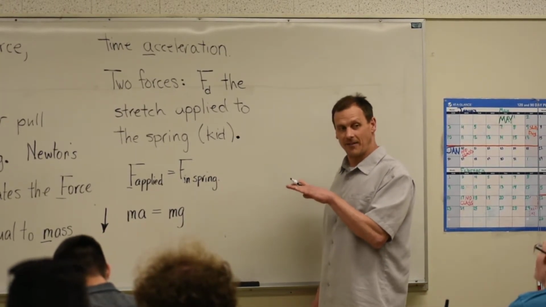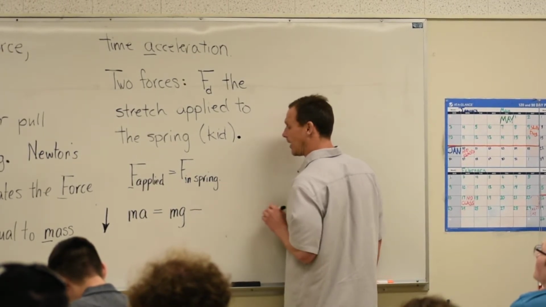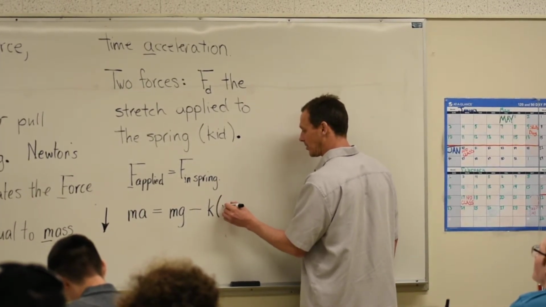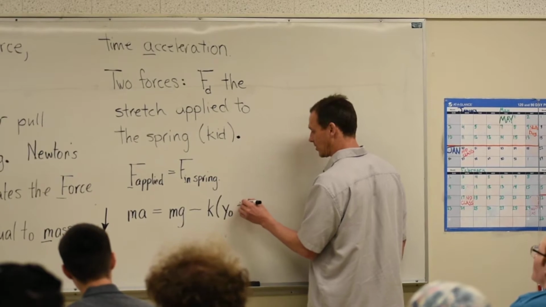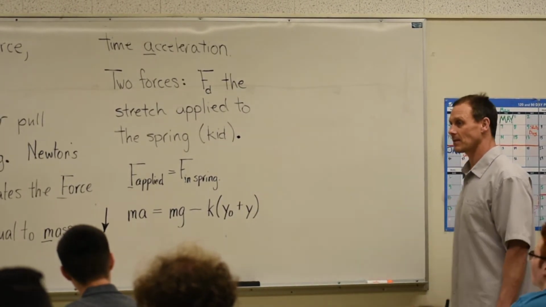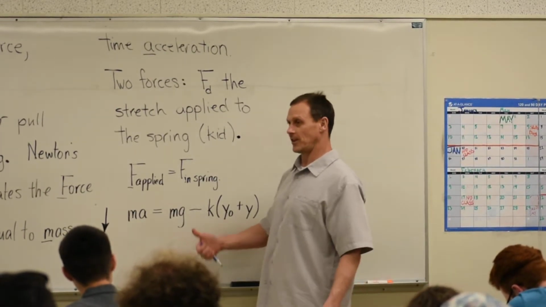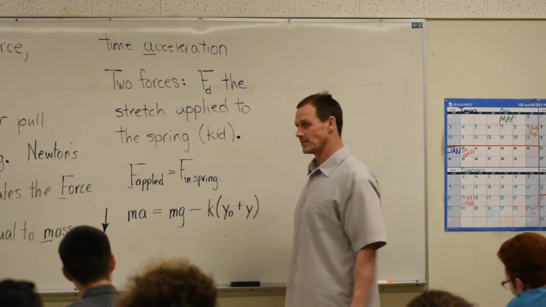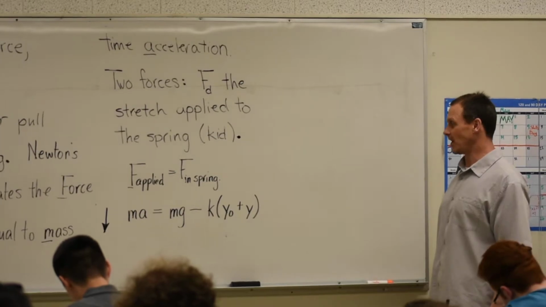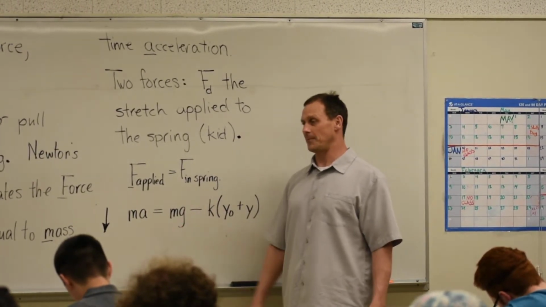But I also have, in the other direction, what? I have a proportionality constant times the total distance stretched. This is a net force. This is the net force in the upward direction. Yeah, this is the net in the spring. It's not just this, because it was already stretched by that.